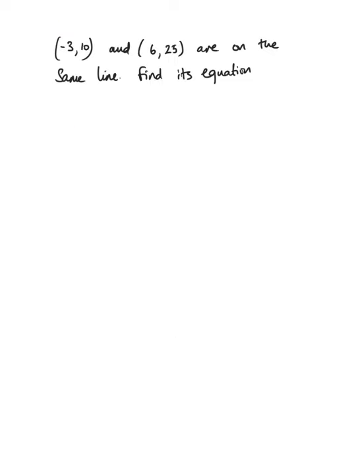And then just one more example to make sure that we can see what's going on. As I say, it doesn't matter which I choose to be x1 and y1. So let's choose the ones on the right hand side this time, so it does make no difference. m is going to be 25 minus 10 over 6 minus 3, which is 15 over 9, or 5 over 3.